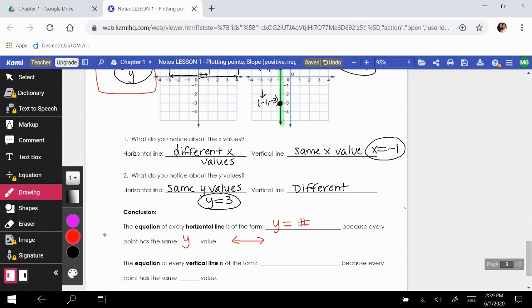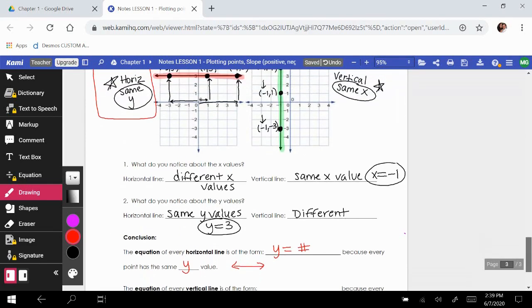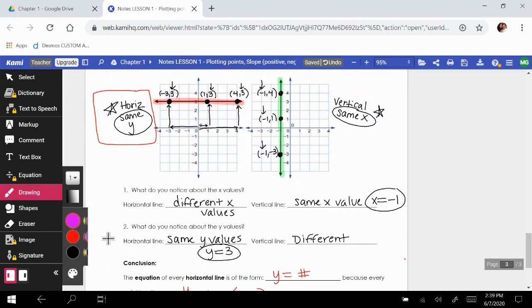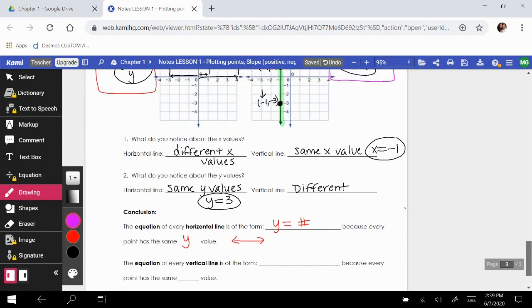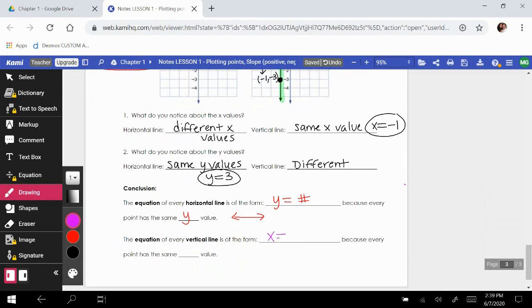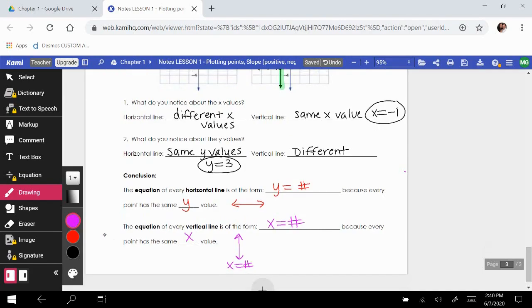The equation of every vertical line is of the form what? Remember, for every vertical line, there was the same x value. So every vertical line has the form x equals some number, because every point has the same x value. So if you see a vertical line, it's kind of counterintuitive, that's going to be of the form x equals some number. All right, and that's it.